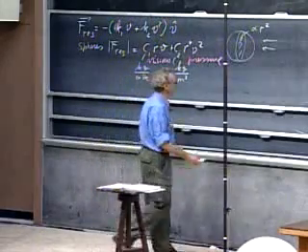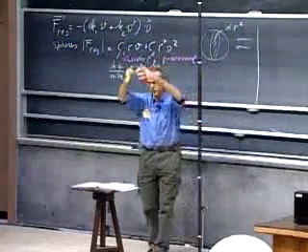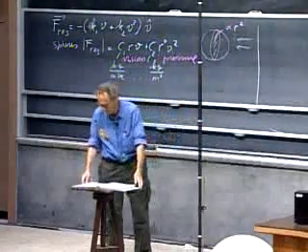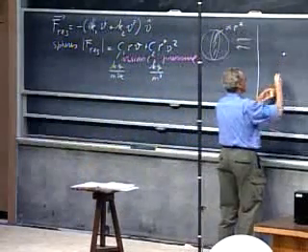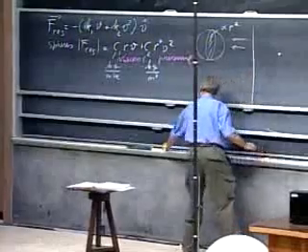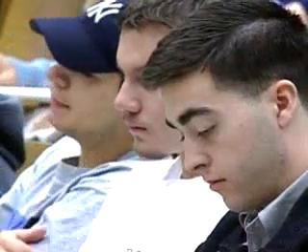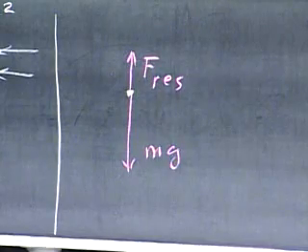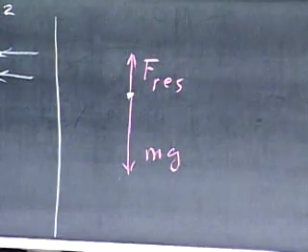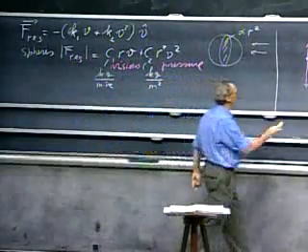If I drop an object, and I just let it go, I take an object and I let it fall, we're only dealing with spheres today, then I have a mass m, and so there is a force mg, that is gravity. As it picks up speed, the resistive force will grow, and it will grow, and it will grow, and there comes a time that the two are equal.